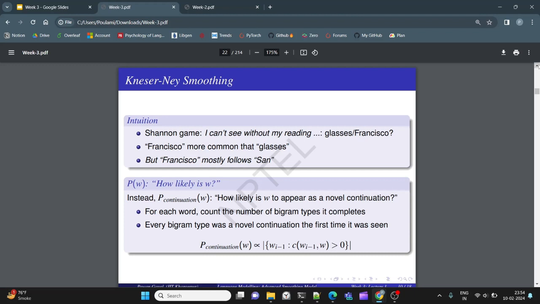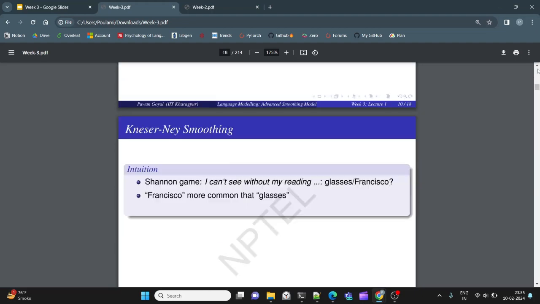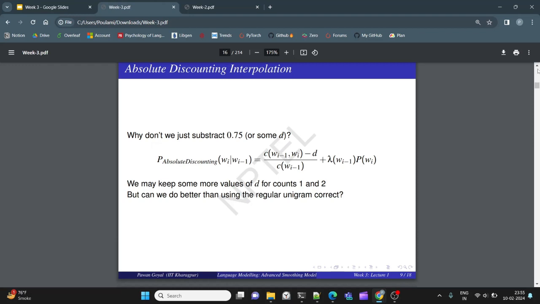The last smoothing technique that we discussed was absolute discounting interpolation. Here, when we're interpolating, we have simply taken the probability of the word, right?